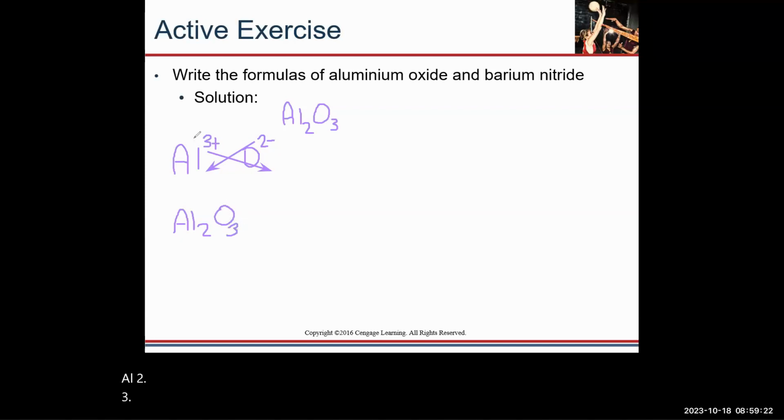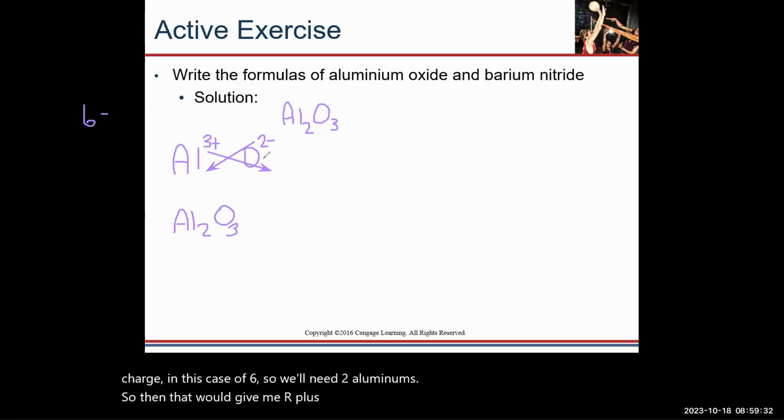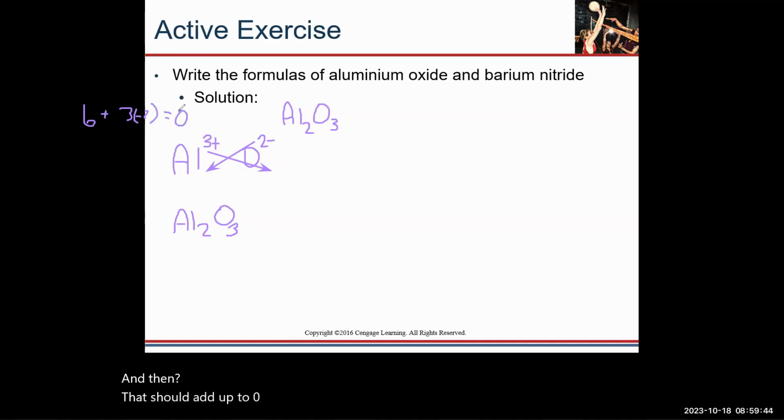Because at the end of the day, they have to be equal to each other. We need to get a total charge, in this case, of 6. So we'll need 2 aluminums, which gives me our +6. And then we need 3 oxygens, 3 times -2. And that should add up to 0. Okay. What about the barium nitride?